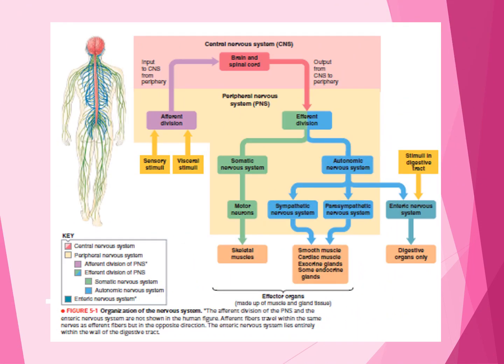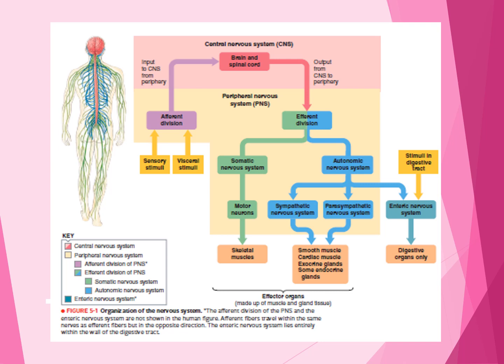Now again, the central nervous system collects the information through the afferent division from the periphery, and output from the central nervous system goes to the periphery through efferent division. Through the efferent division impulses go to somatic nervous system through motor neurons, and the effector organ is skeletal muscle.